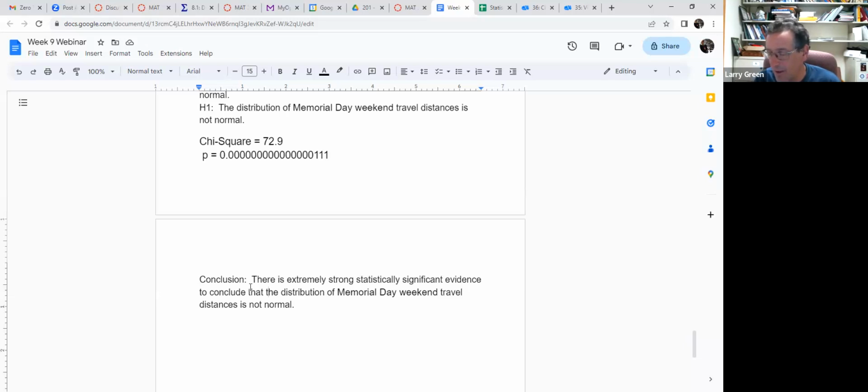Okay, this is one of those where the p-value is so small, you would just put your life on it. You could gamble anything on this one because it's not going to happen. Any questions on this conclusion?